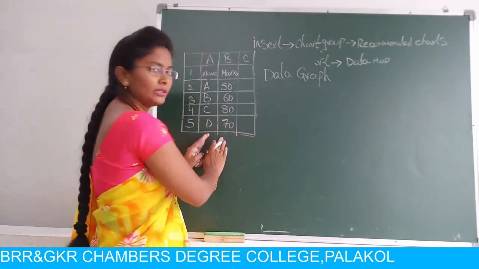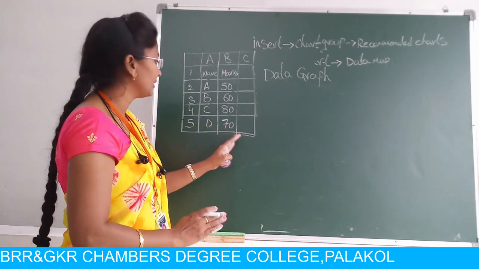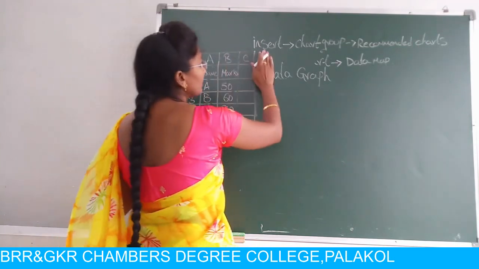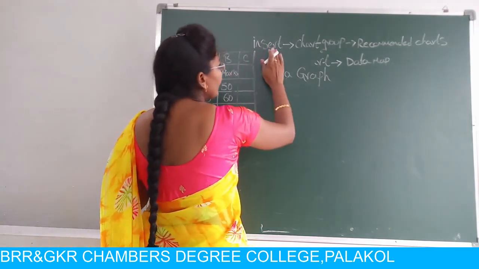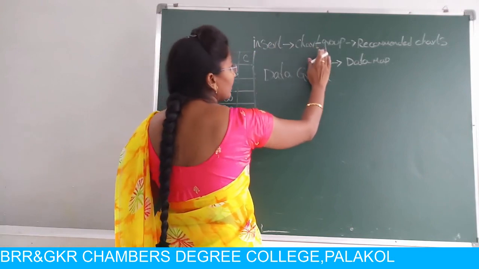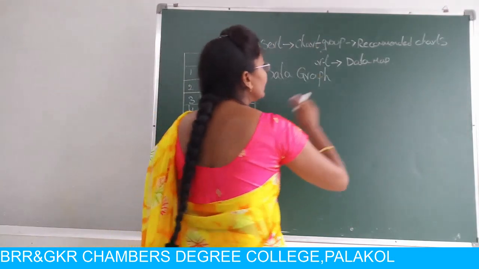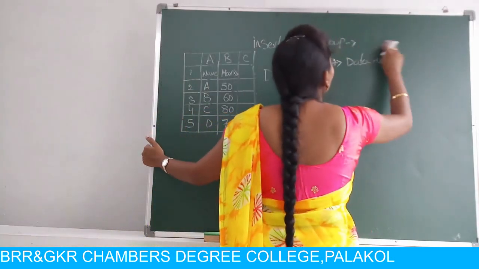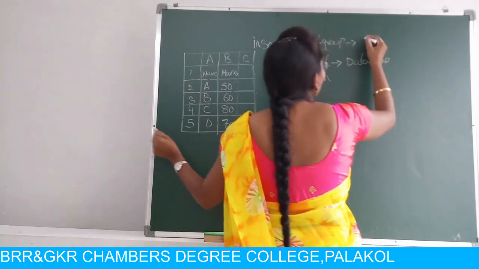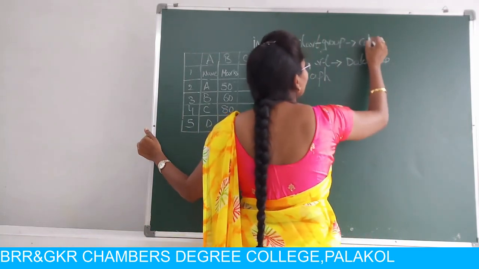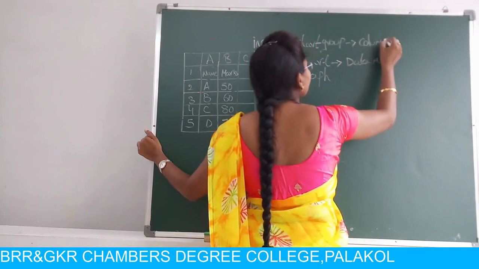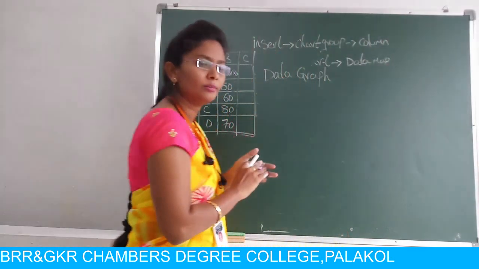After selecting the data, go to the Insert tab, and then the chart group will appear. In this chart group, you can find different types of charts available. From those types of chart, click on the column type.